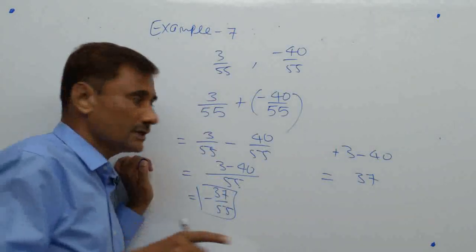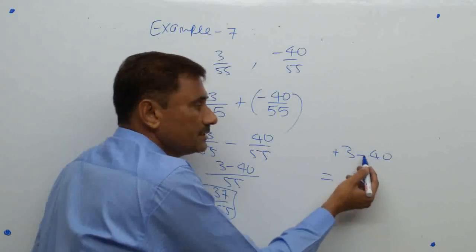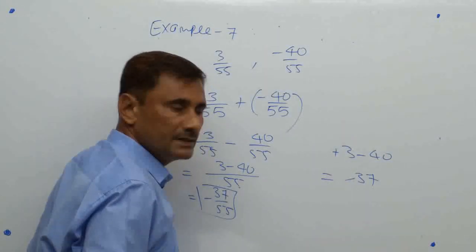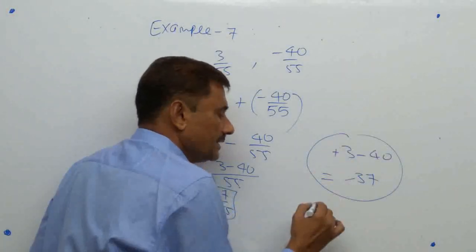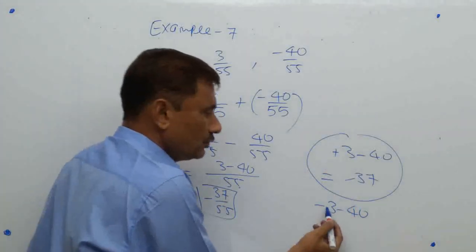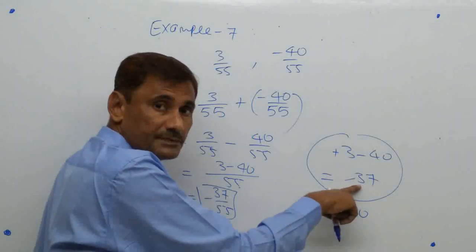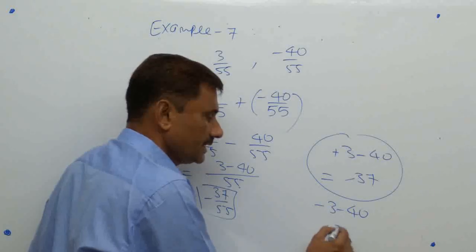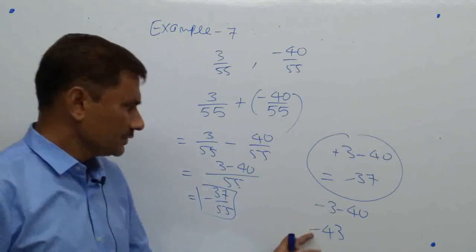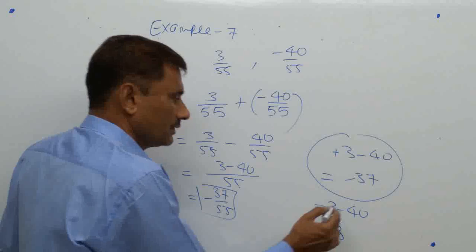Opposite signs are there, then only apply the sign of the bigger number. So I apply the bigger number's sign. If both signs are the same, then addition should be there, not subtraction, and also apply the sign.